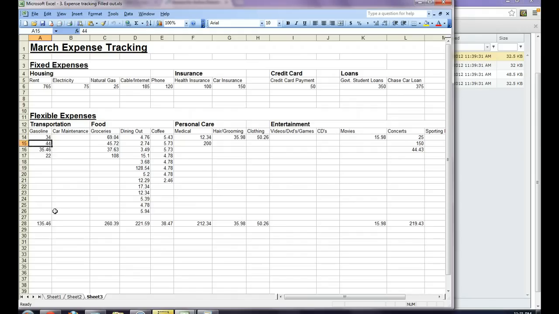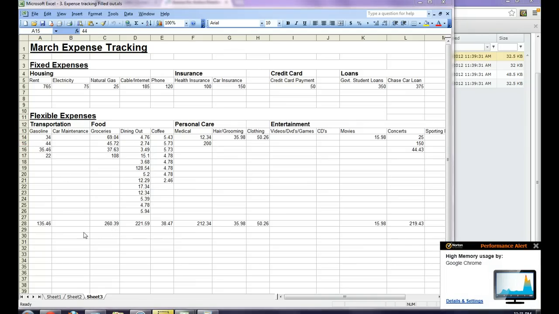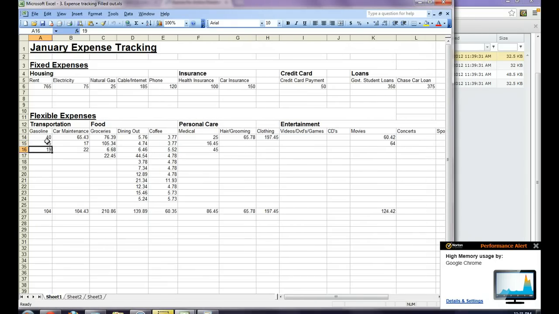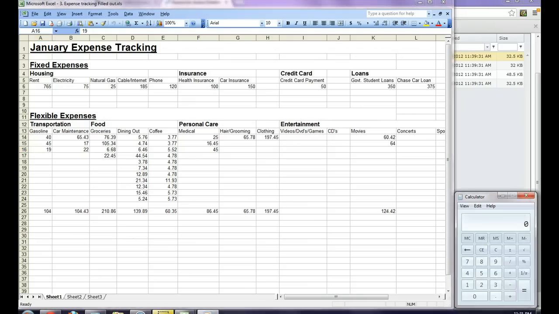The flexible expenses is where we're going to need to average out how much we spend per month. So for example, I'll give you one example here: gasoline. Let's go back to January. In January, we spend $104 on gasoline. So we add 104.